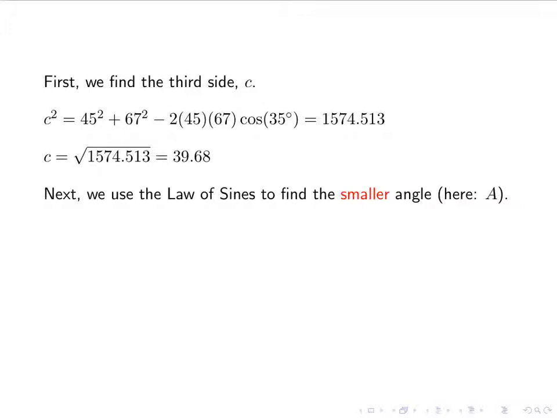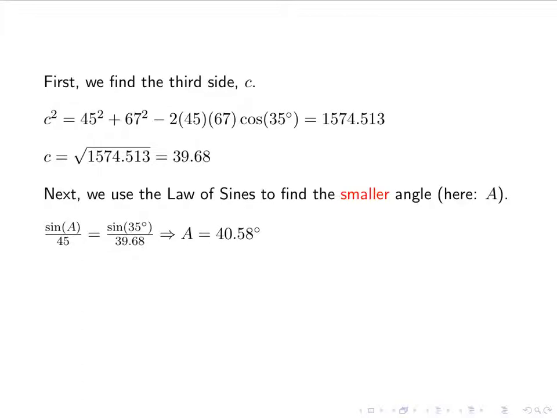So side a was smaller than side b, so angle A is smaller than angle B. So we set up the law of sines: sine of A over 45 equals sine of C over c, so sine of 35 over the 39.68 that we just found. We're going to solve this the same way we did using the law of sines. We'll multiply both sides by 45 and then hit it with sine inverse. And we get that A is 40.58 degrees.